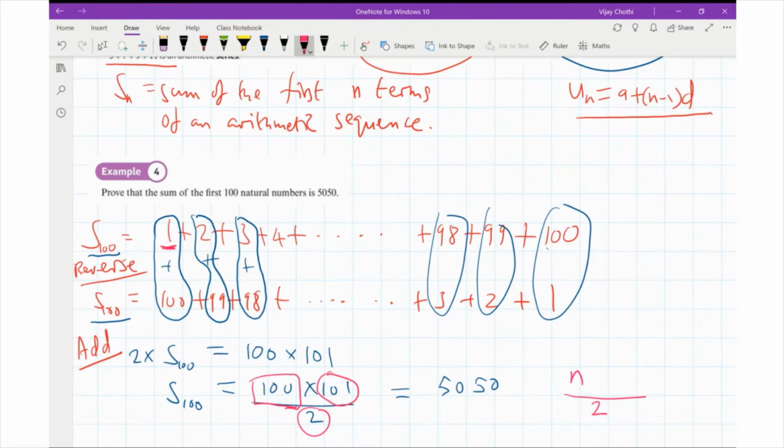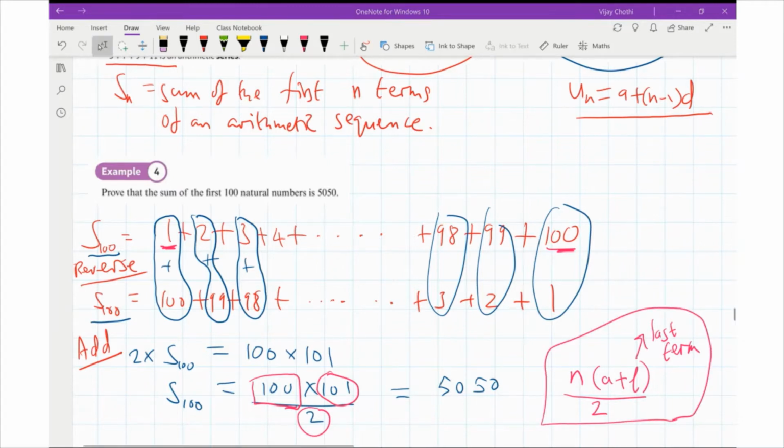So you can think of it as a plus l, where l is the last term. If you have an arithmetic series and you know the first and last term and the number of terms, you actually have a formula for calculating it: n over 2 times first plus last.